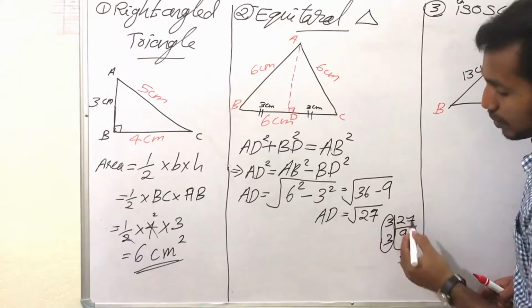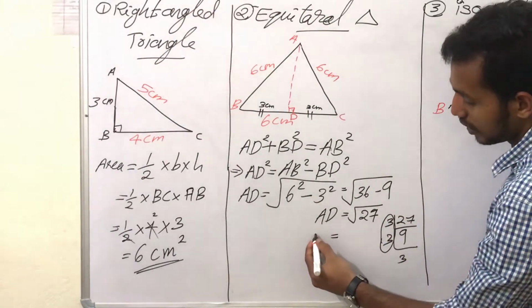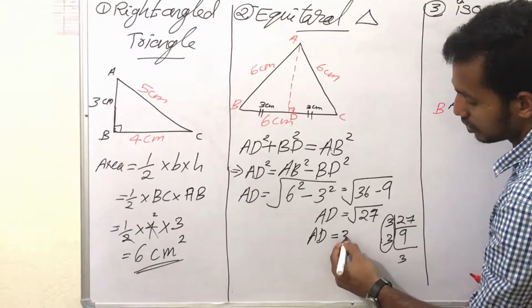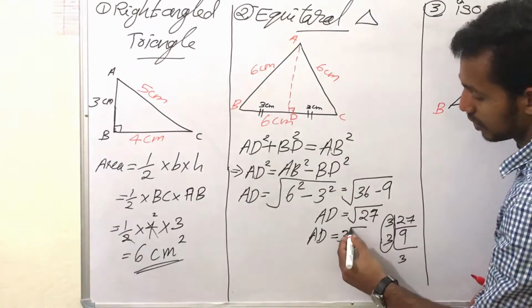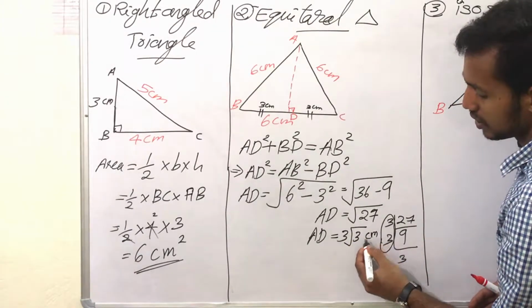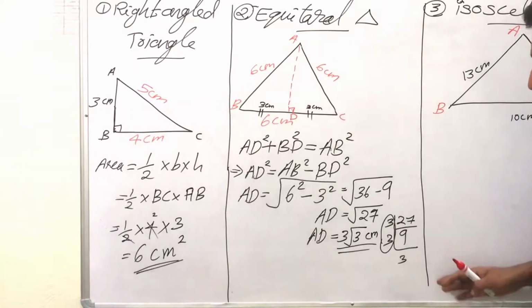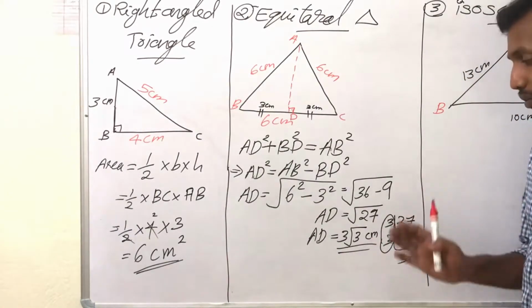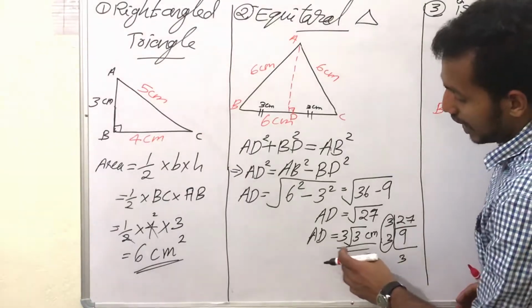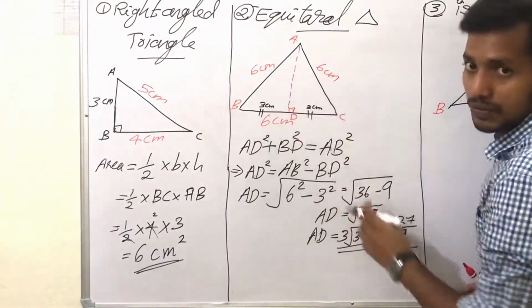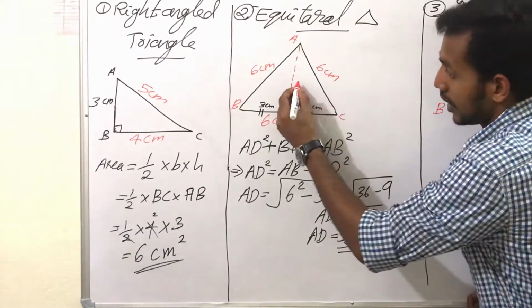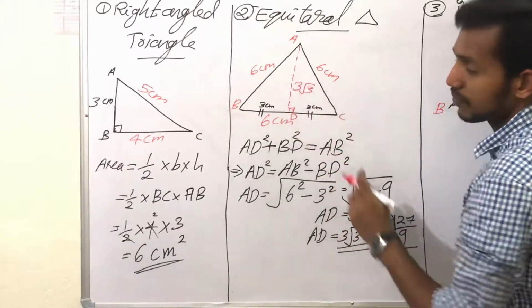So from a pair of 3 we are taking a whole 3. AD is equal to 3 and here only one 3, so we are writing root 3 centimeter. This is the method of finding the square root. Okay. Now AD we have, that is altitude. What is AD? 3 root 3.